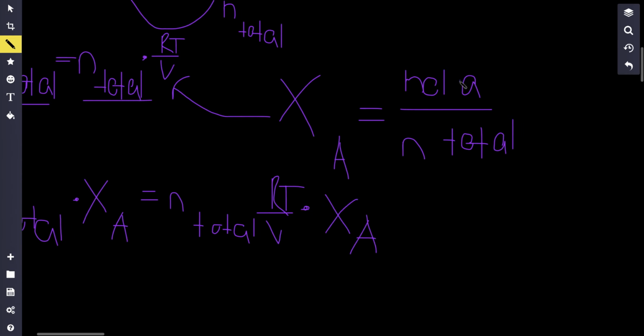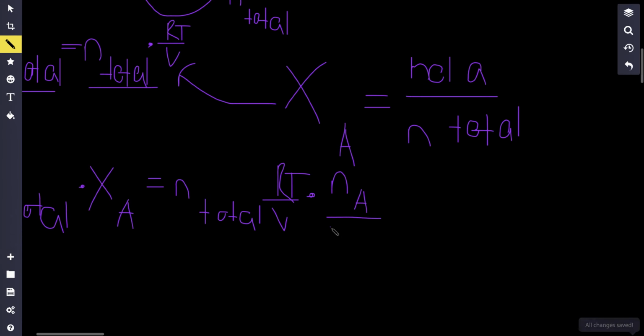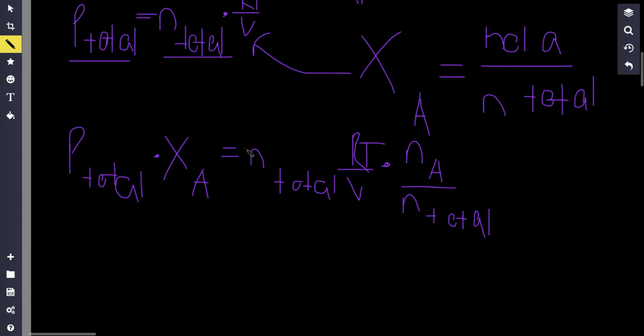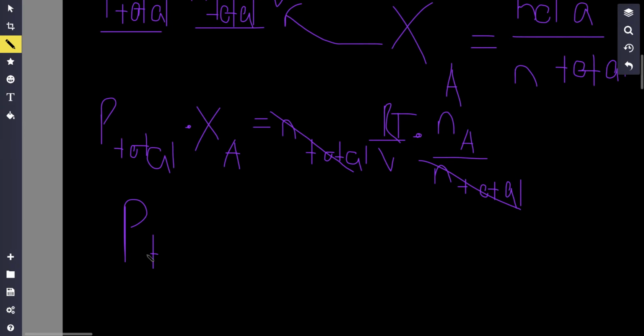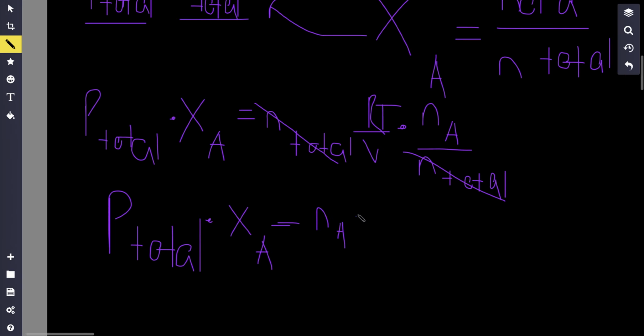We also said that the mole fraction is equal to moles of A over n total, so let's write that out: moles of A, aka nA, over the total amount of moles, n total. Notice how when you write all of this out, the n totals cancel out. So you're just left with P total times the mole fraction equal to nA RT over V.